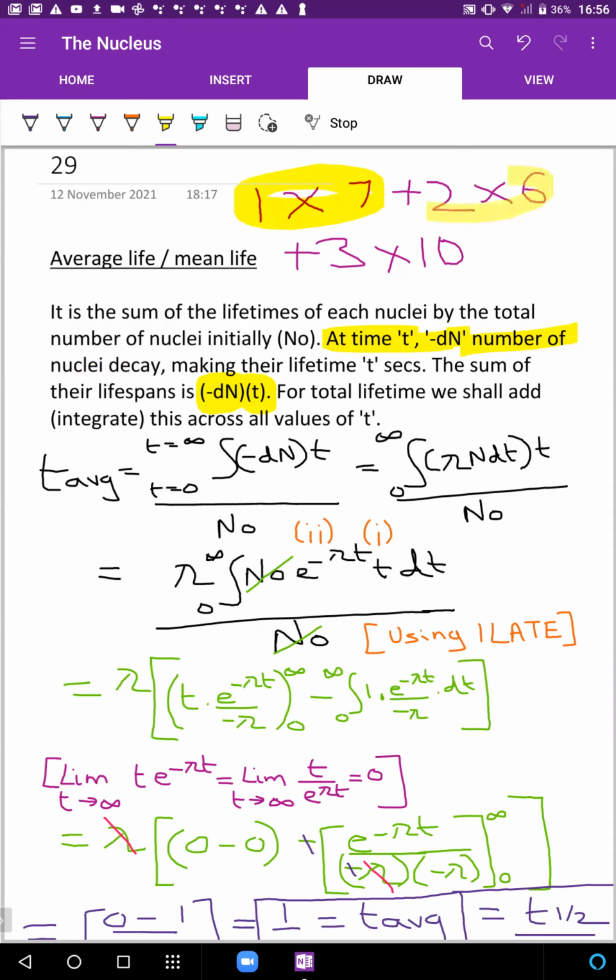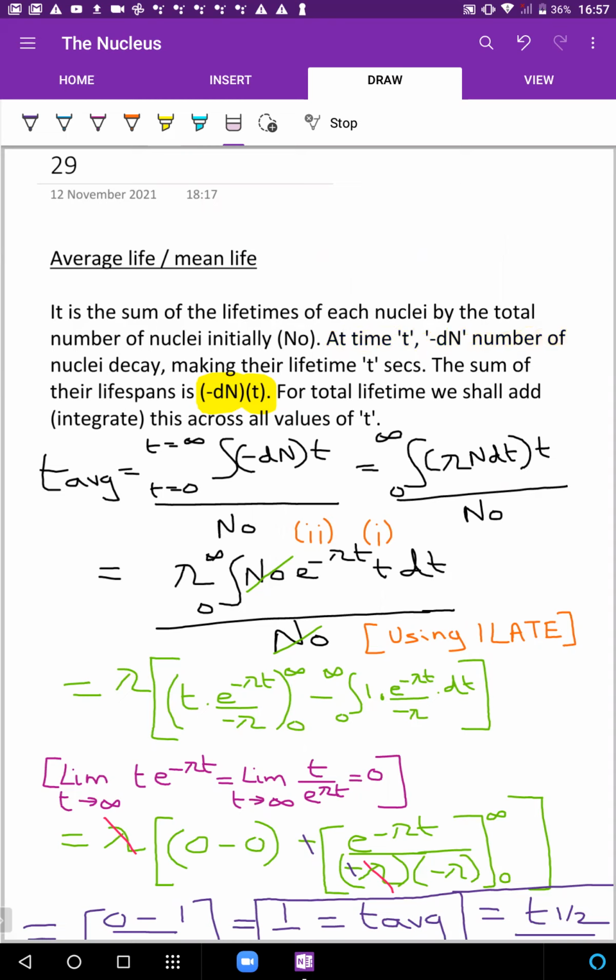The sum of the marks of the students who scored 2 marks is 2 into the number of students who scored 2 marks. Similarly, the sum of the lifespans of those decaying at time t is minus dn, like the number of students, into t, the score of those students. So minus dn into t is the total lifespan of nuclei decaying at time t.